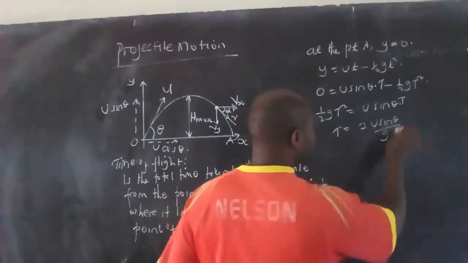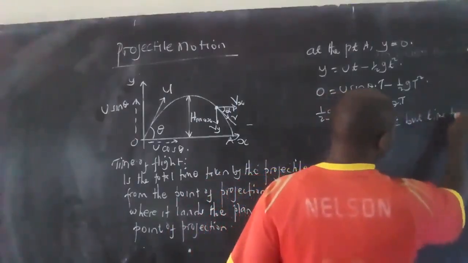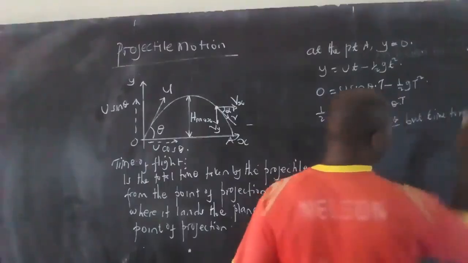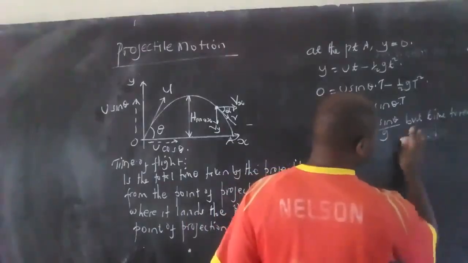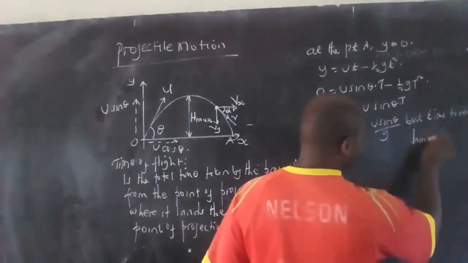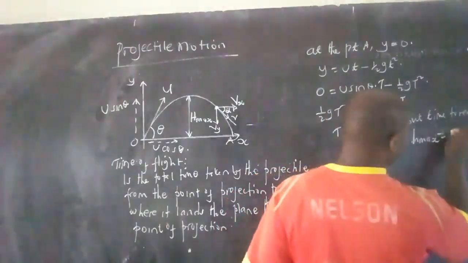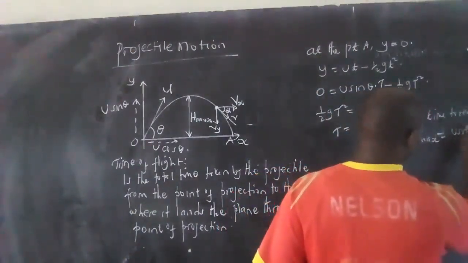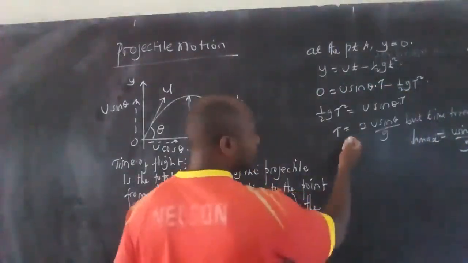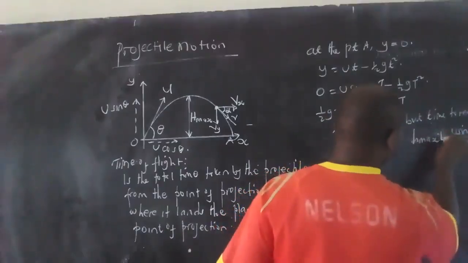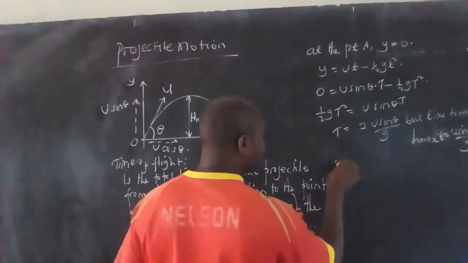But time to reach maximum height, h maximum, is equal to, we've already seen it as u sine theta divided by g. So when you compare the two, you realize that this one is twice the other one.